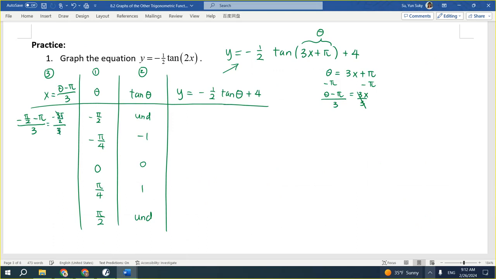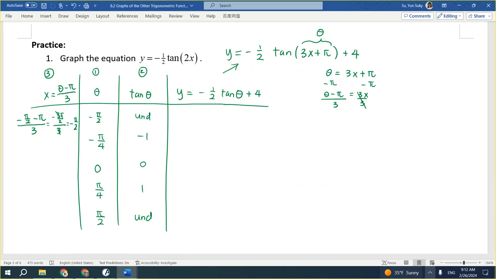Do you know the 3 cancel? We get negative pi over 2. So when you draw the table, intentionally make the x column more space, because for theta and tangent theta, you just copy down the numbers. But the x column, you need to calculate. So leave more space for that.